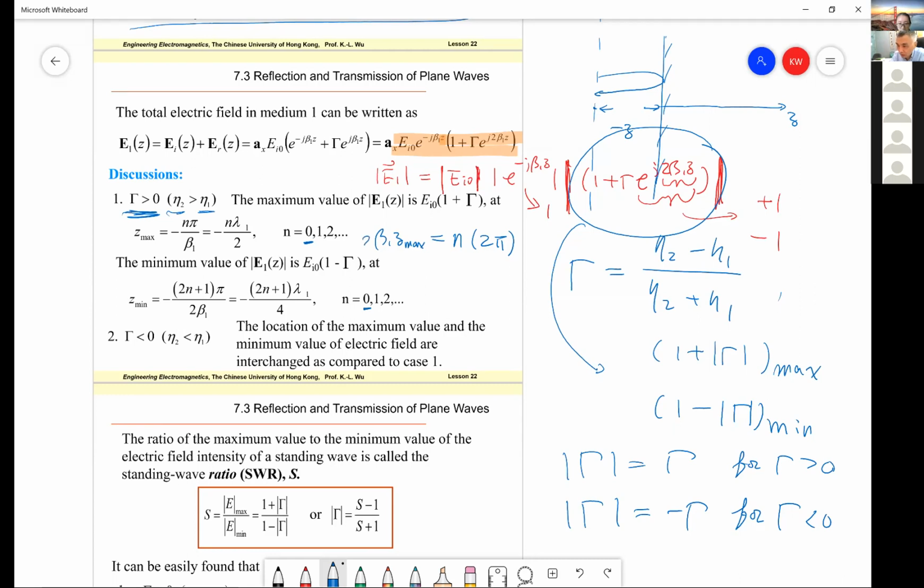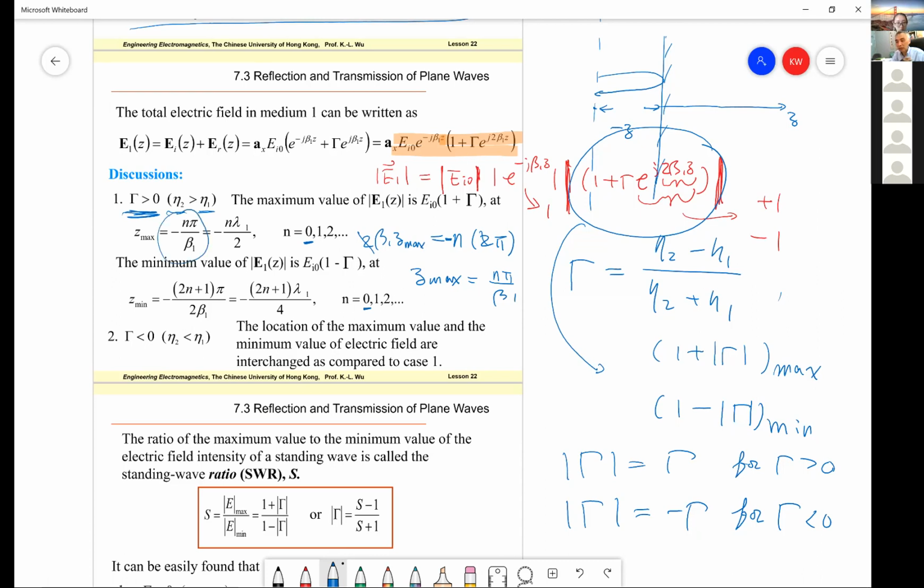There must be 2 times, right? So from this value, z maximum, of course this is a minus value, so the 2 and 2 cancel, right? So this is n pi divided by beta 1. So this is how we obtain this.